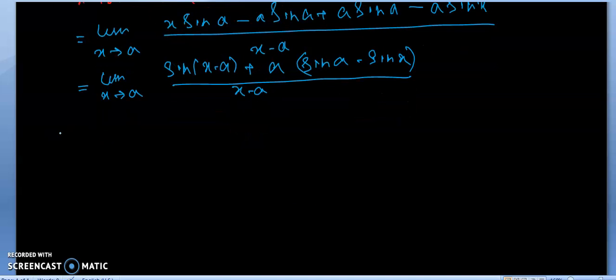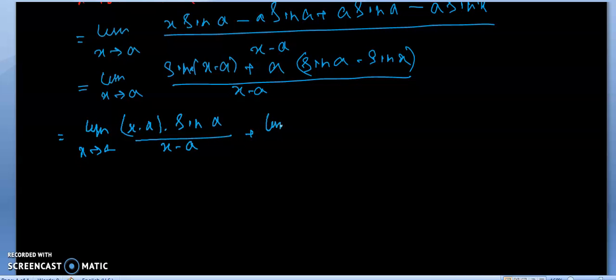Now if you do this, limit as x tends to a, this part will be (x minus a) into sin a upon x minus a, plus the limit as x tends to a of a (sin a minus sin x).